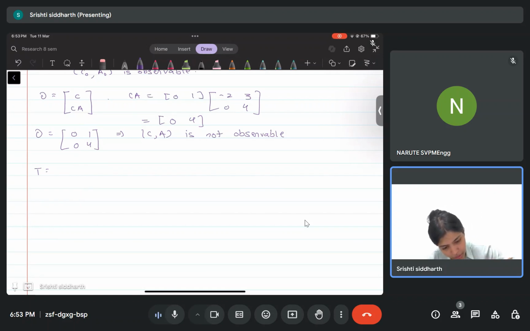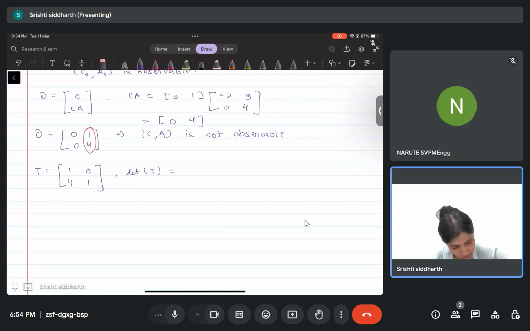What we do is pick out linearly independent columns from the observability matrix. In this case, we just have 1, 4. So we write this down, and to complete the matrix, let's choose some other linearly independent column, let's say 0, 1. Does T inverse exist? We can just calculate the determinant of T to find out if it's invertible.